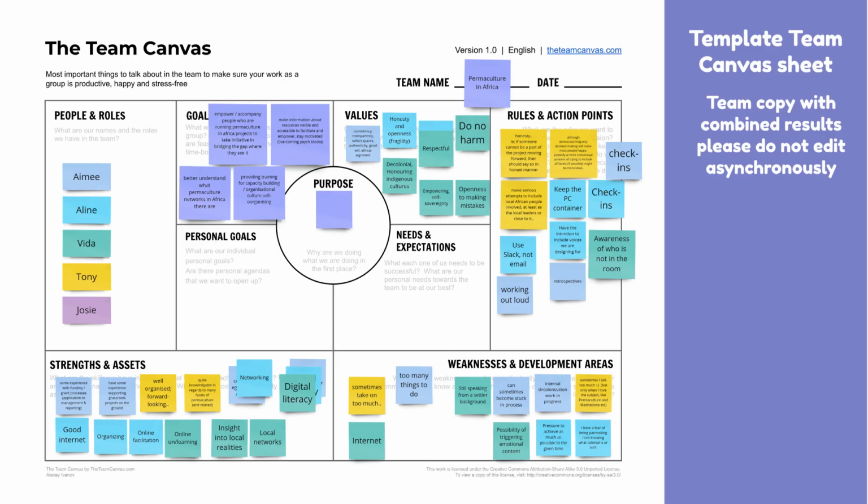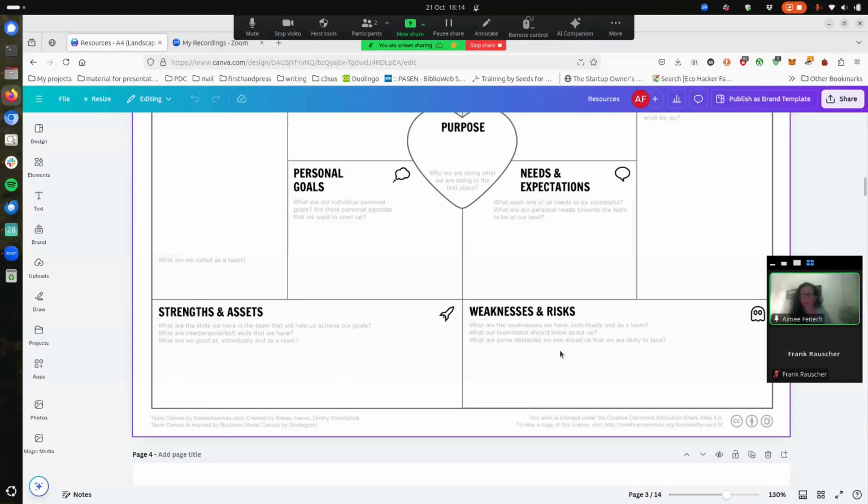The same for goals and strengths and assets and weaknesses and risks. So this is what I would call a permaculture aligned tool, because it takes into consideration the people care aspect, and I think it builds trust in the beginning, and that's very important especially for remote teams, and especially when working with people you don't know from before.